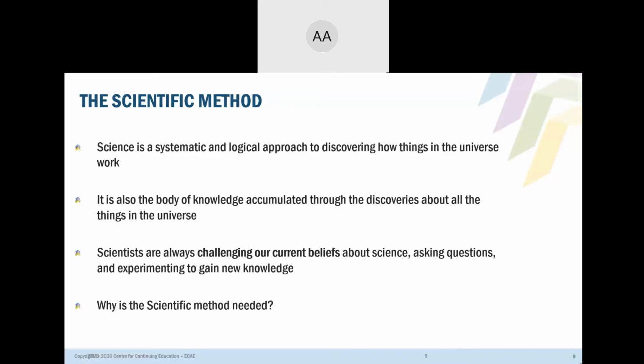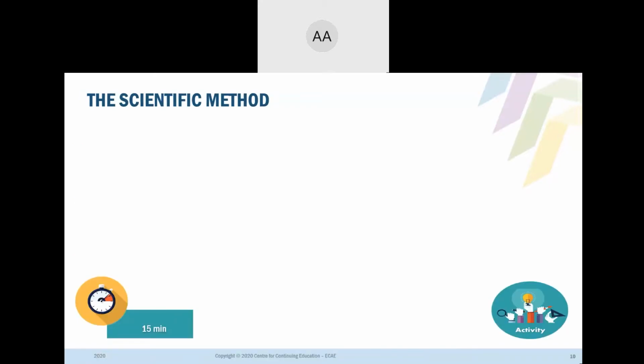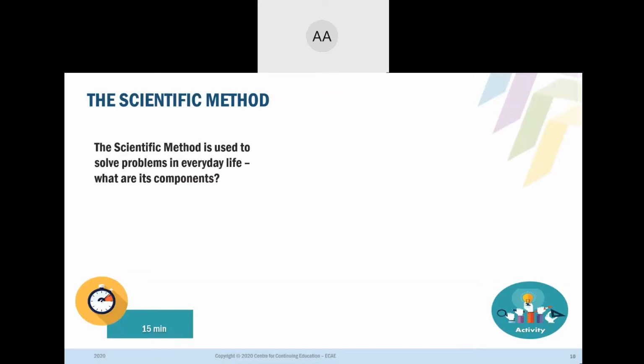So let's have a look at the activity. Firstly, what I'd like you to do is to think about the scientific method and how it's used in everyday life to solve problems. Can you remember what the components are? Take a few minutes, note them down. Don't try to Google, see what you can remember. And then once you've done that, I'd like you to discuss with a partner.